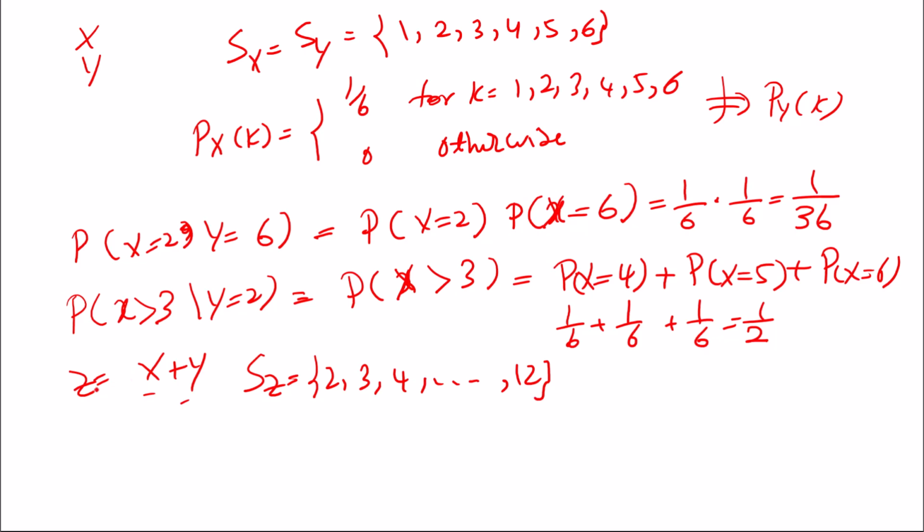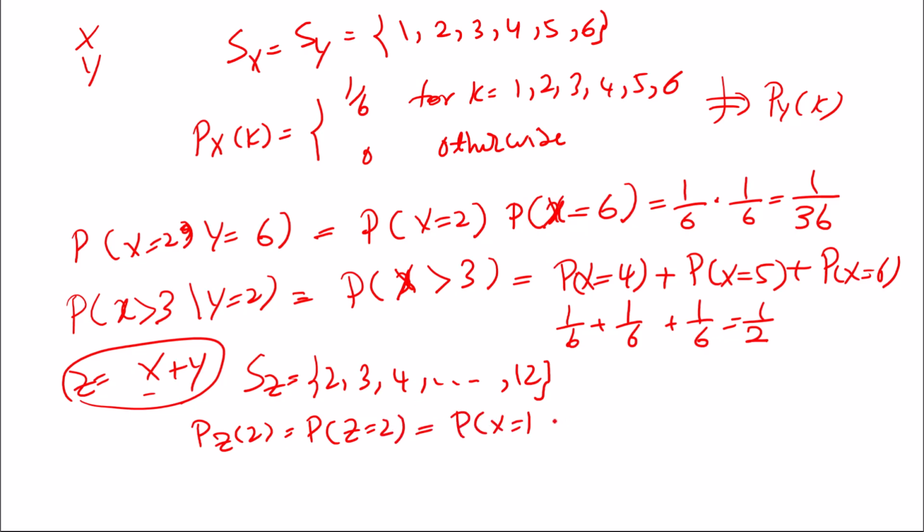It means this is the sum of the outcomes of two dice, right? So P_Z(2) is equal to P(Z=2), which is equal to P(X=1 and Y=1). Because they are independent, we can say 1 by 6 multiply 1 by 6 is 1 by 36.